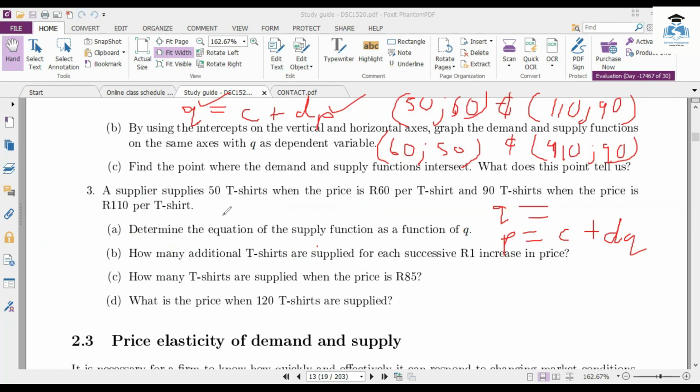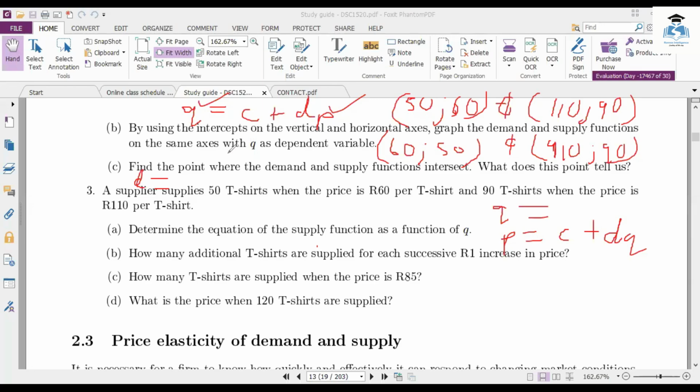After we have done this, we determine the equation. We want to see the value of C and D. Remember, D is equal to this minus this over this minus this.